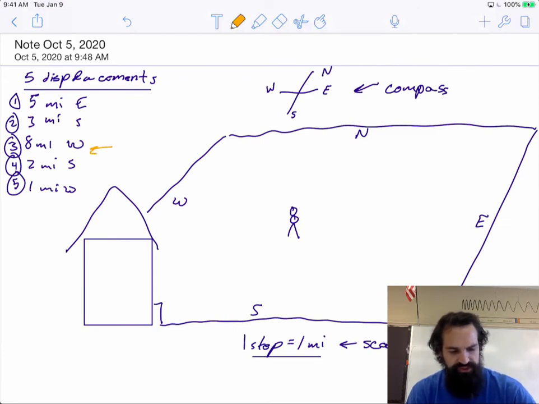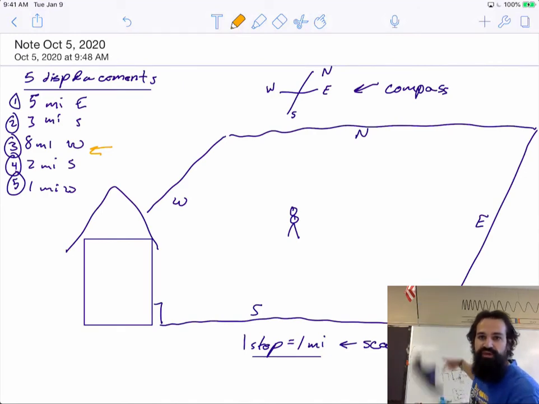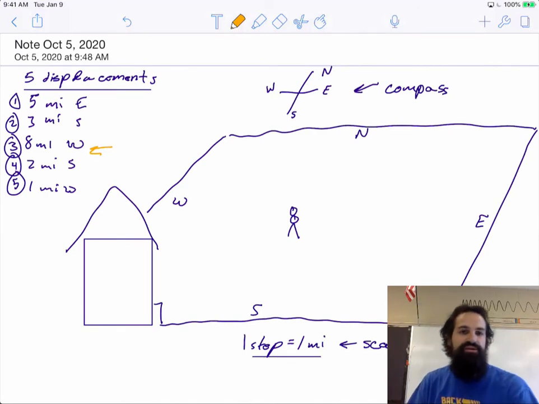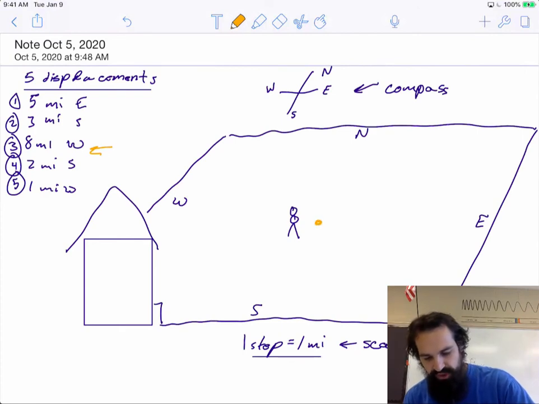So the first thing I'm going to do is number 3, 8 miles west. When you go outside, you mark down or place a starting point. It can be as simple as dropping a shoe, or starting at a tree in your yard. Anything, as long as you have a starting point. So step 1 is mark your starting point.